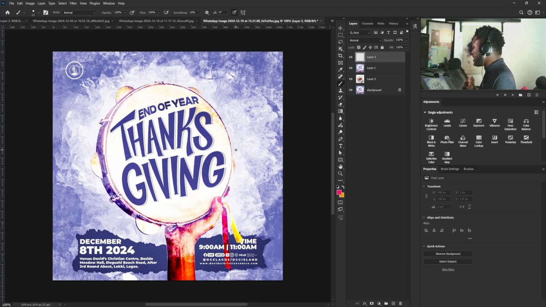Before I share the redesigned version of this artwork, I'm going to quickly share what I believe this designer is supposed to do that would have helped the success. The project is talking about Thanksgiving, and most of us who are Christians understand what it means when we hear a church is trying to do a Thanksgiving service. It means they're trying to create an atmosphere of fun, an atmosphere of joy.